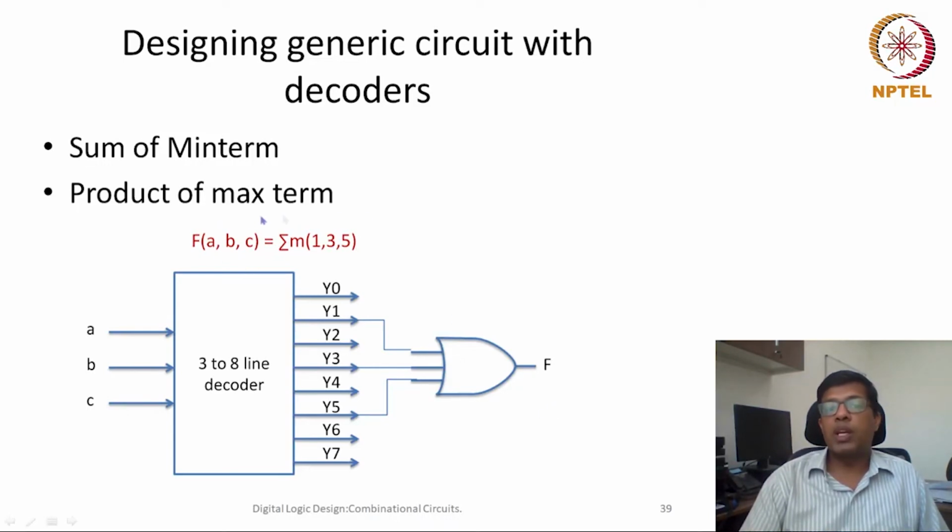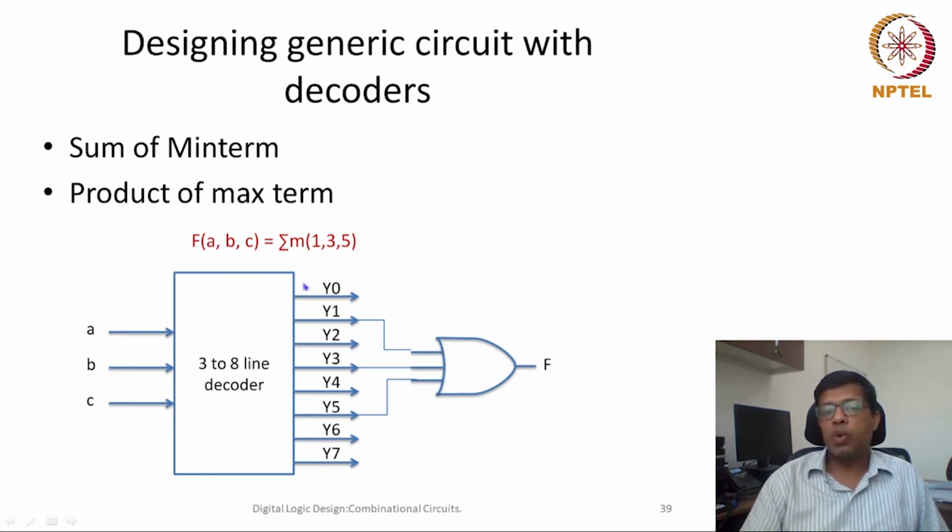Similarly, a product of max terms can also be made. There the decoder would be with inverted outputs, and then each of these lines would be representing one max term. And then in the end we can have an AND gate. This AND gate can represent that function which is a product of sums.